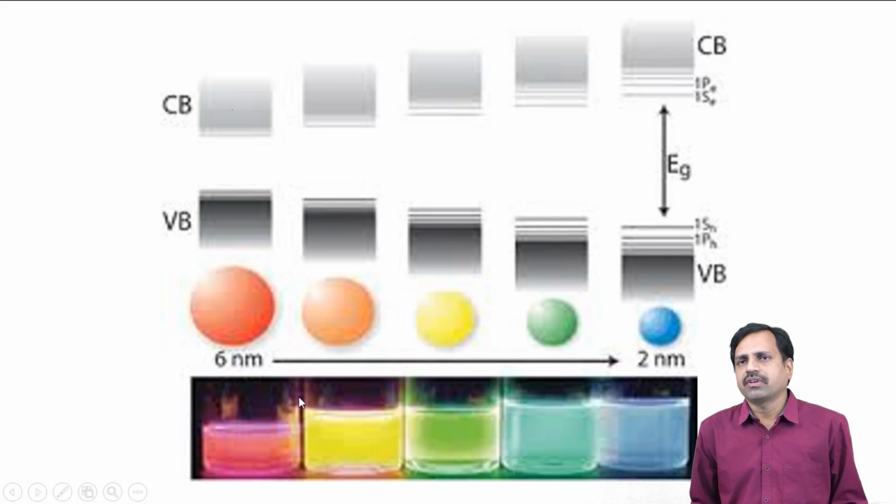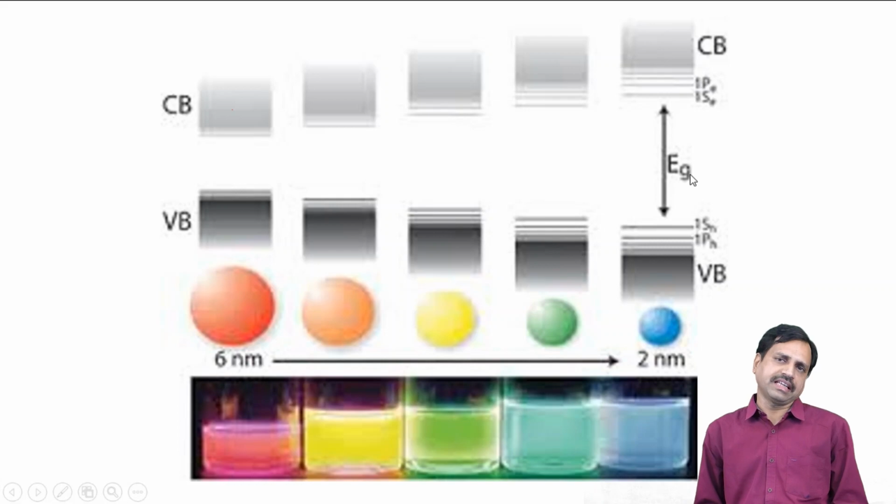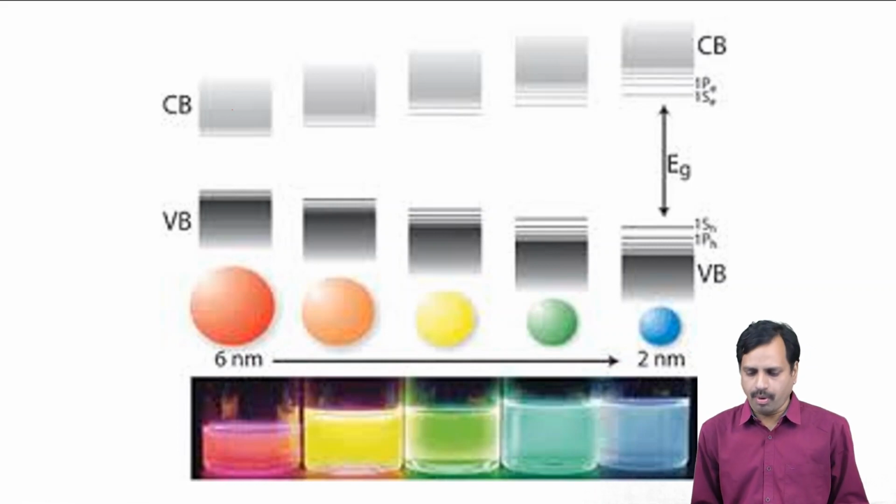So we can conclude from this that as the nanoparticle size decreases, the energy band gap increases. As the energy band gap increases, the conductivity and the semiconducting properties of the material increase.